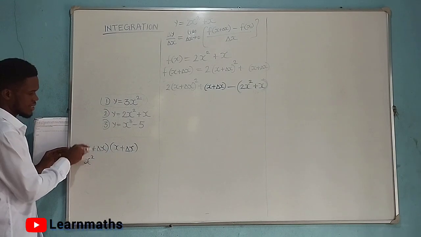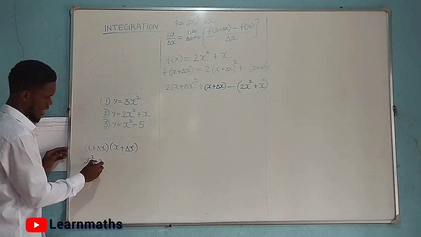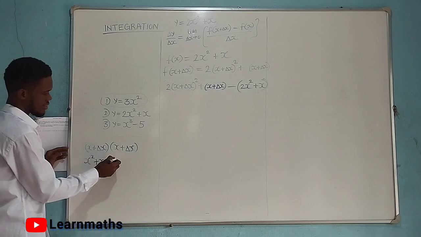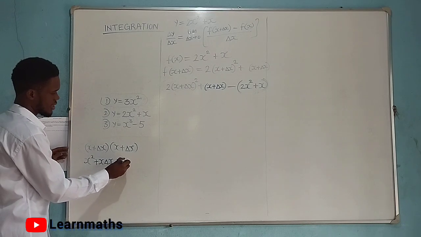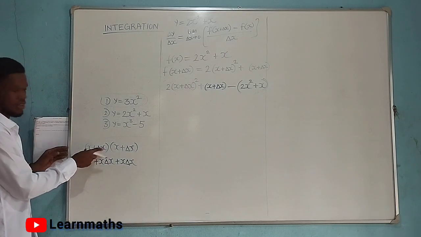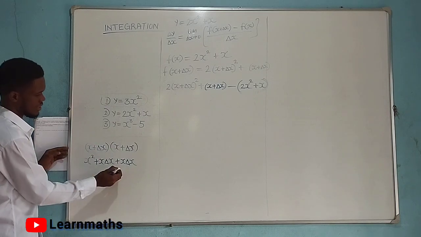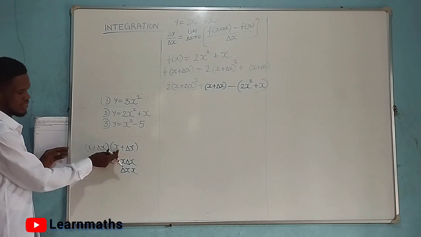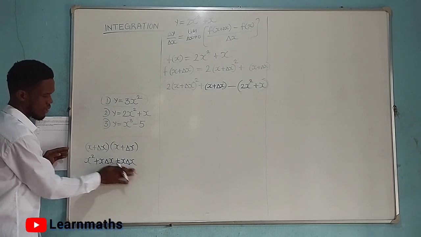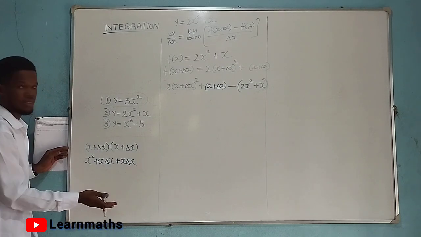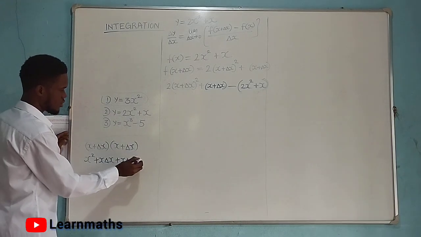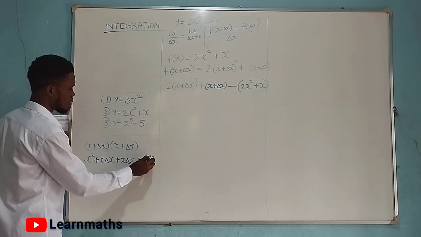Then x times change in x, that's x change in x. Change in x times x, that's x change in x. Though you may feel like writing it as change in x times x, the proper way to write it is x change in x. Then finally, change in x times change in x, that is going to be change in x squared.